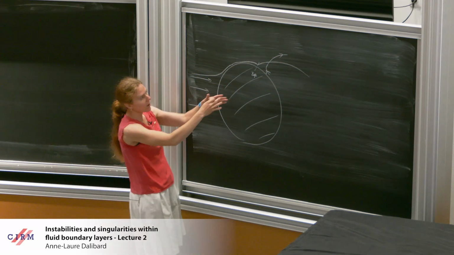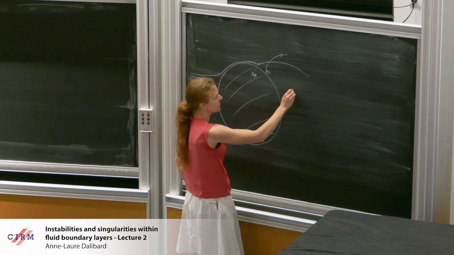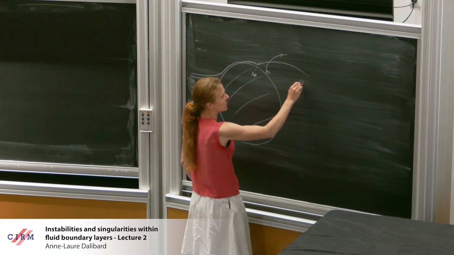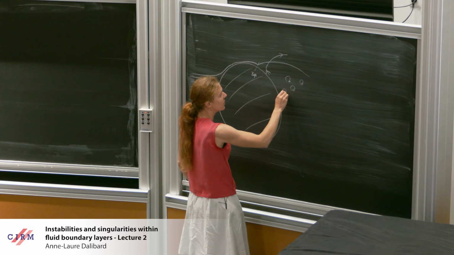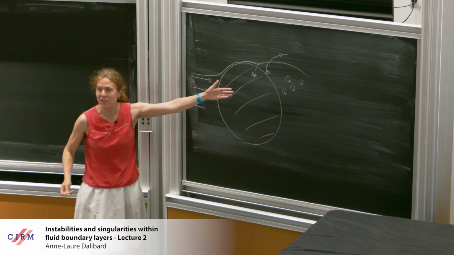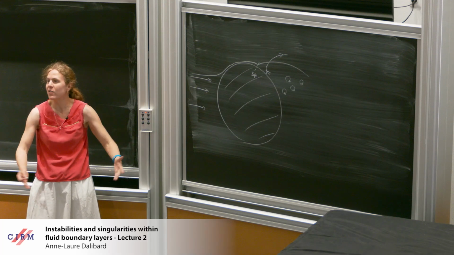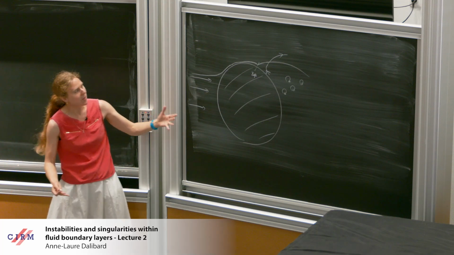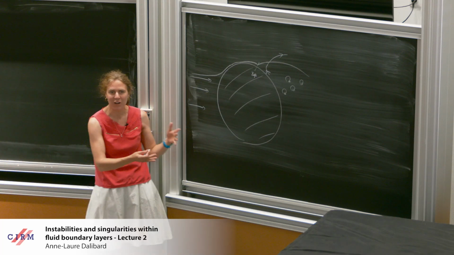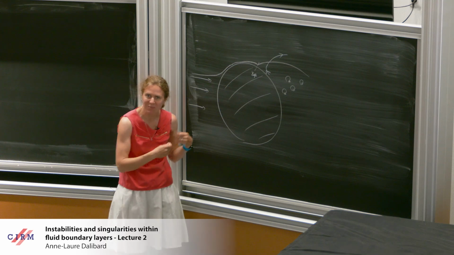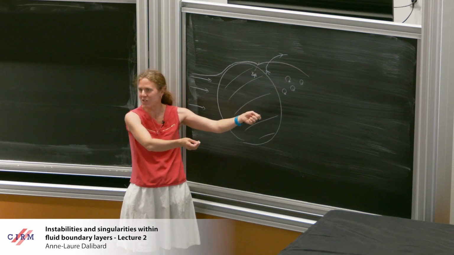And then when you are really downstream of separation, what you see are many small vortices. And to me, this is what turbulence looks like. And so this is why I think studying separation, even in a stationary setting, is related to turbulence, because maybe it's the onset of turbulence even in a stationary setting.